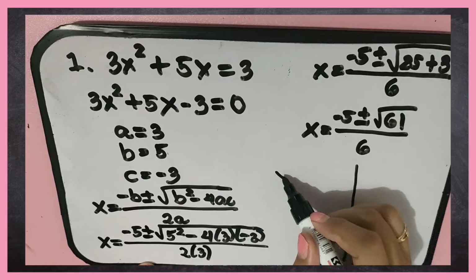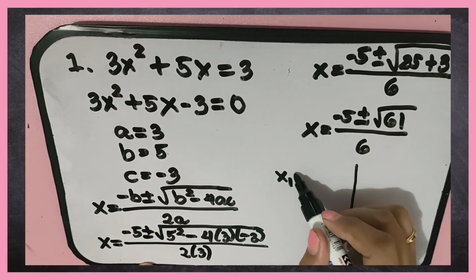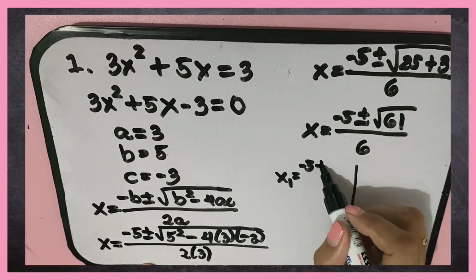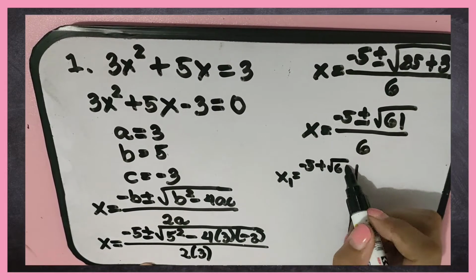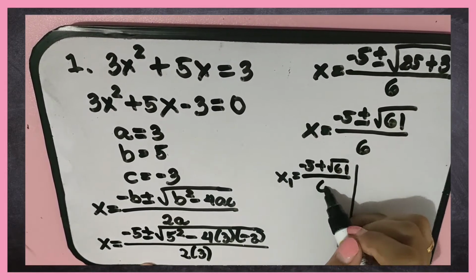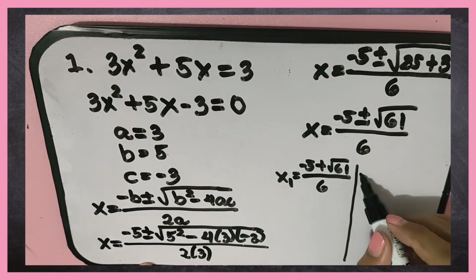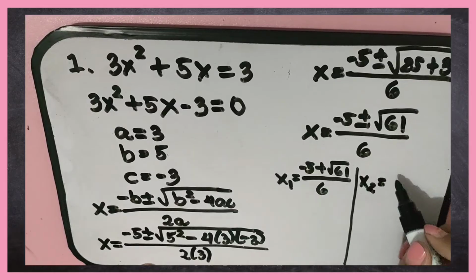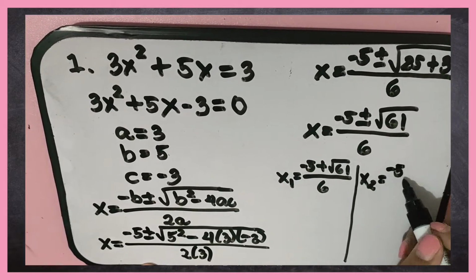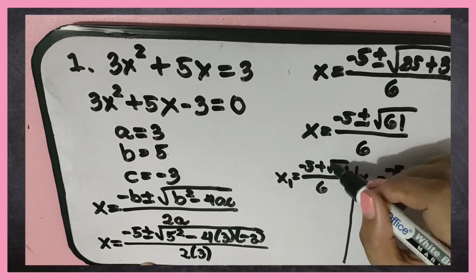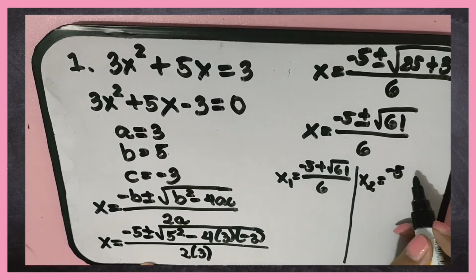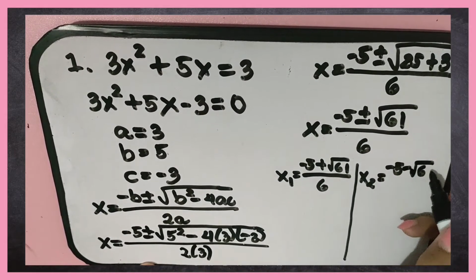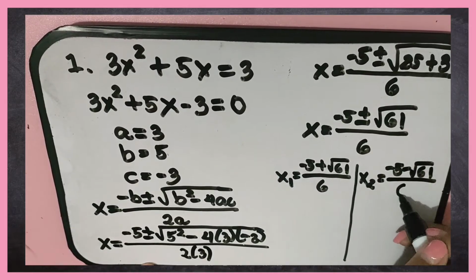So, we have x sub 1 equals negative 5 plus square root of 61 over 6. Yung isa naman, lagyan natin ng x sub 2 equals negative 5. This time naman, instead na positive na nandoon, itong negative naman ang kukopyahin natin. So, negative square root of 61 over 6.